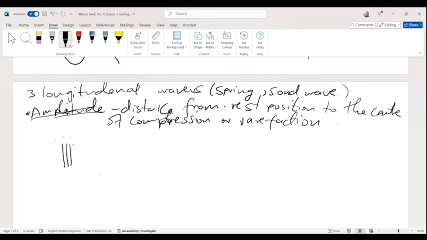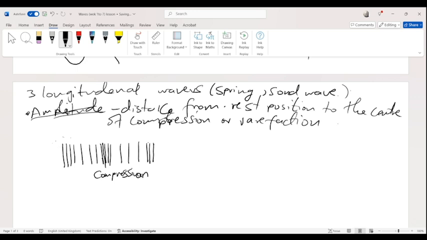Now a section of concentrated lines is called a compression. This is how a sound wave moves.